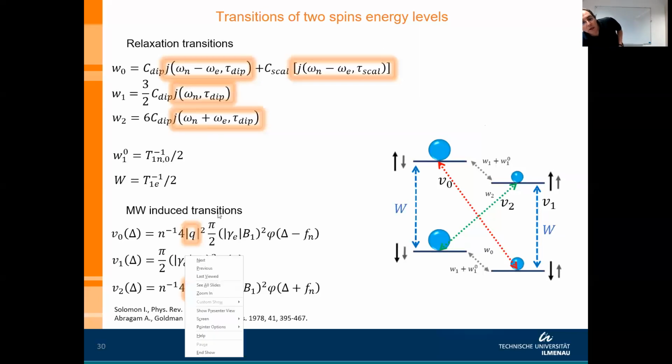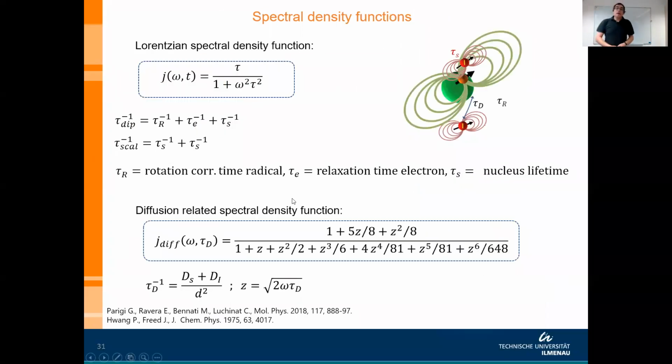Well, here I just describe a bit which type of spectral density function we have. All the spectral density functions will be described roughly by the Lorentzian function that we see here in the first square, and the diffusional part will be described like this.